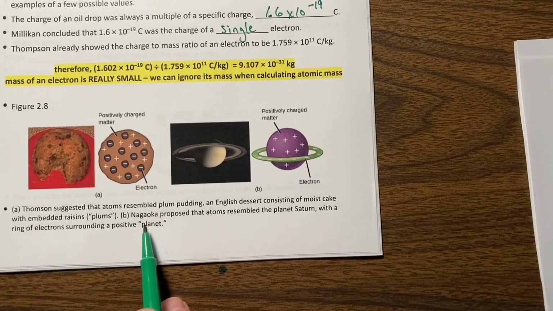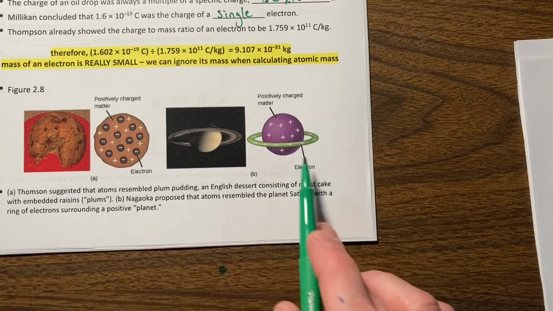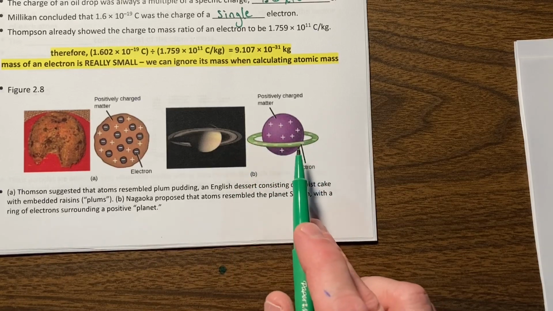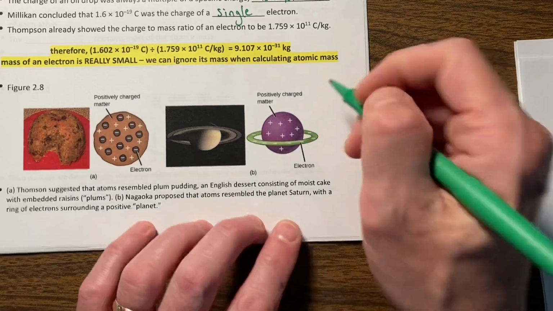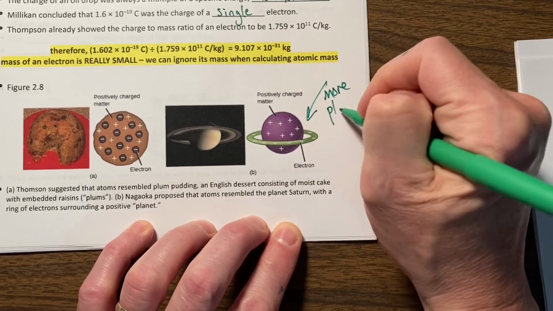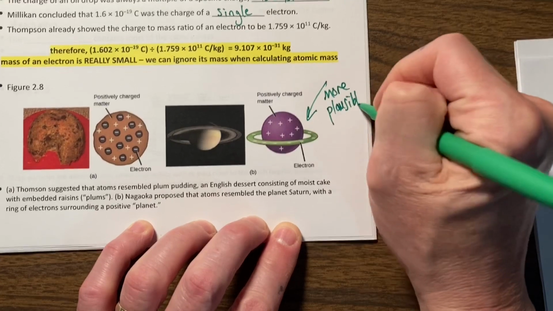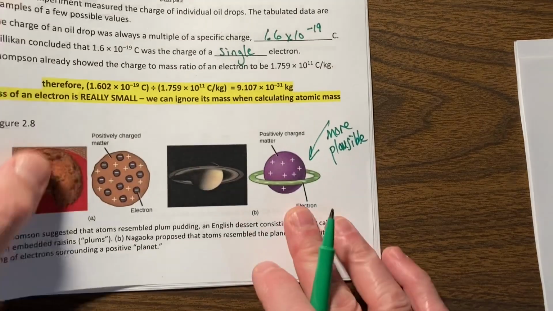There was another scientist who proposed that atoms resembled the planet Saturn, with a ring of electrons surrounding a positive planet. So which one of these was correct? It actually turns out that this is more plausible. This agrees more with what we've discovered since this time, that atoms really look quite a bit like this model. We call it the solar system model, or the planetary model of the atom.